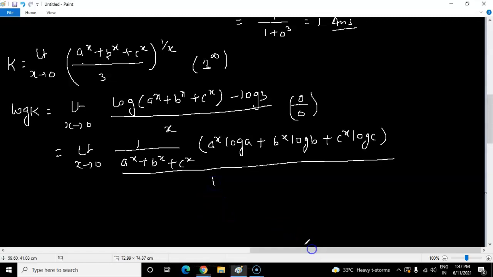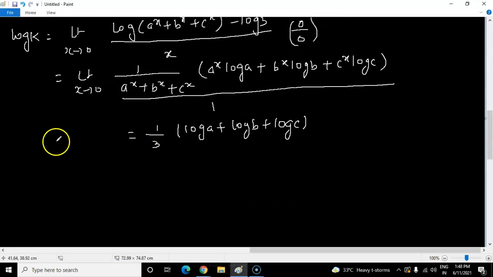Now if you put 0 here, you get 1 by 3, since a^0, b^0 and c^0 are each 1, and then log a plus log b plus log c.